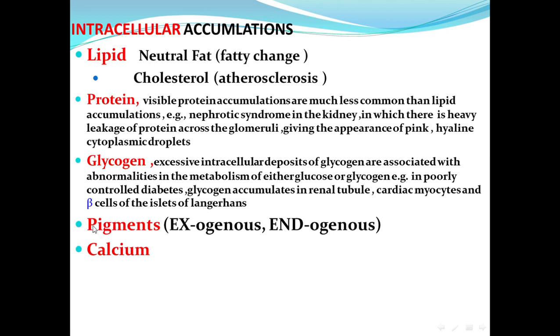Another type is pigments of intracellular accumulation. Pigments could be exogenous or endogenous. We will speak about it. And calcium, in the form of calcium deposition. So intracellular accumulations could be in the form of lipid, protein, glycogen, pigments, or calcium.